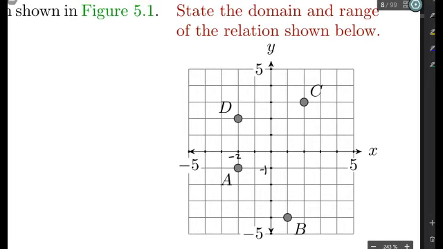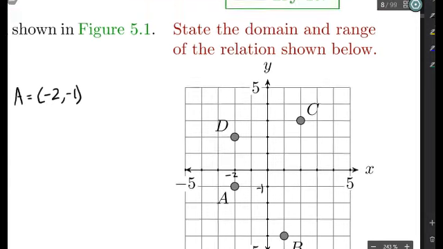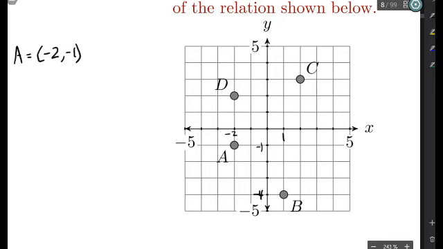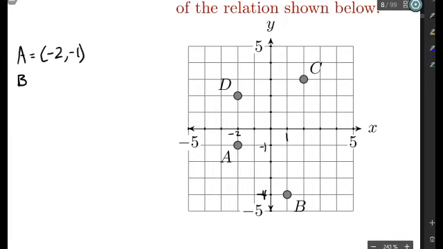So A equals (-2, -1). And B looks like (1, -4). So B equals (1, -4).